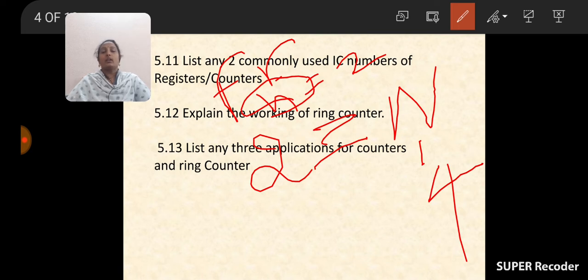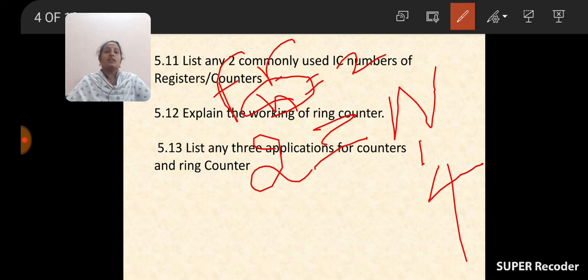And in the mod 10 counter, the output should be returned to 0 after counting from 0 to 9. At the 10th clock pulse, the output of all the flip-flops should return to 0 by the application of an external input, that is clear. So this is about asynchronous and synchronous mod counters.